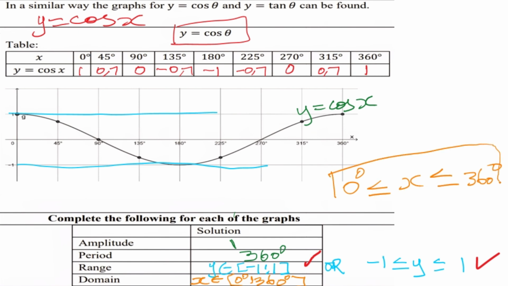That becomes the domain. You write one of these answers and then you are correct.